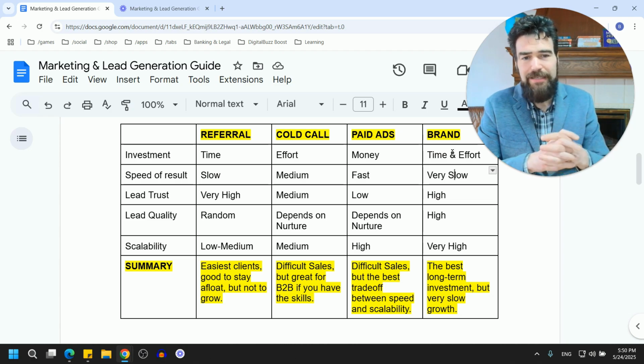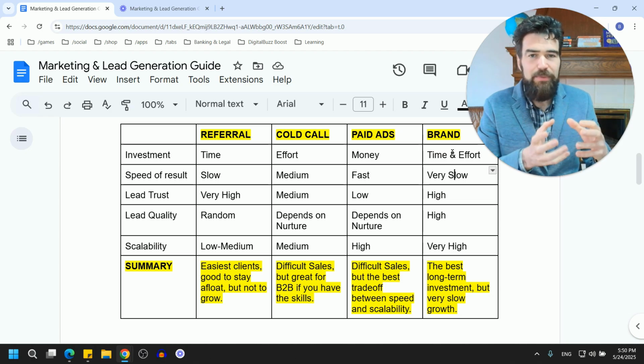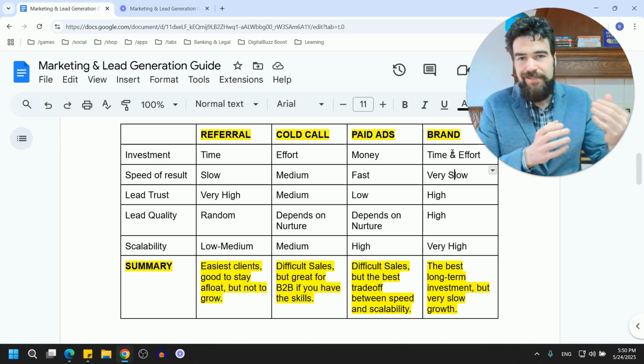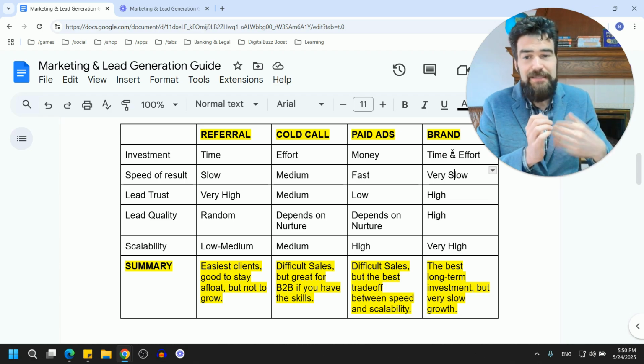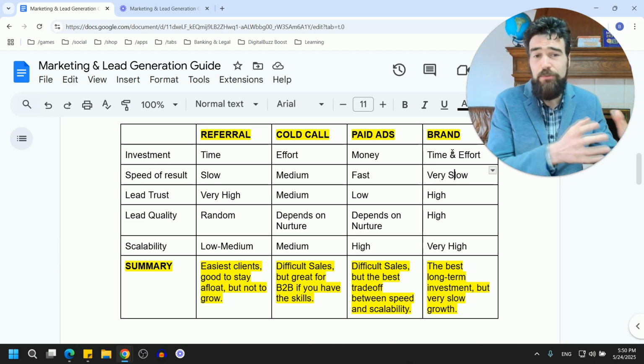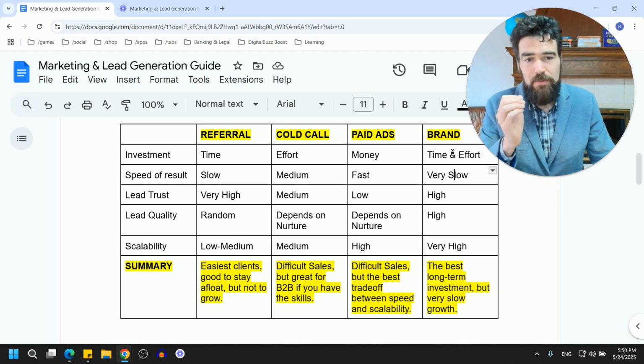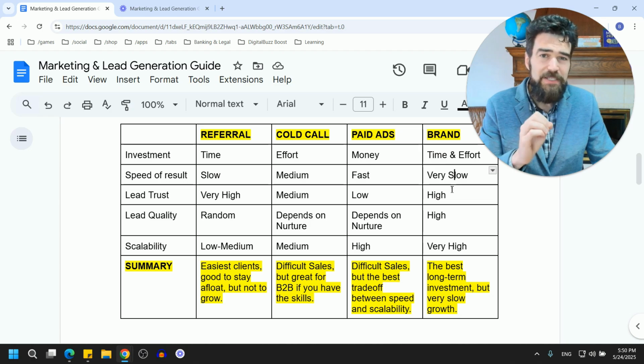And this is usually something that companies look into once they get a little bit bigger. Or you can start working on this already if you're smaller, but realize that this is what I'm doing right now with my personal brand. This takes a lot of time and effort to get growing. So it's a very slow strategy, but on the flip side, the lead trust you get is high.